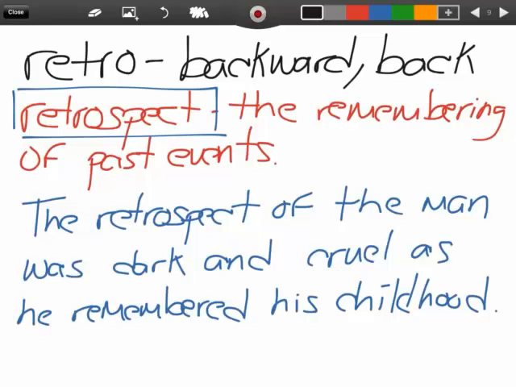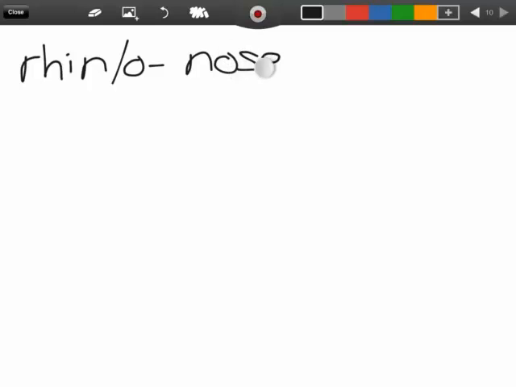Moving on to our last root, which is rhino, meaning nose. And I'm going to go ahead and give you an example, and that is rhinoceros.